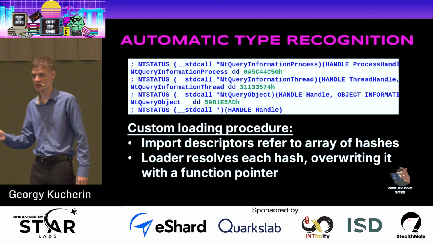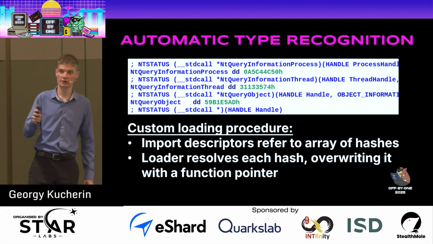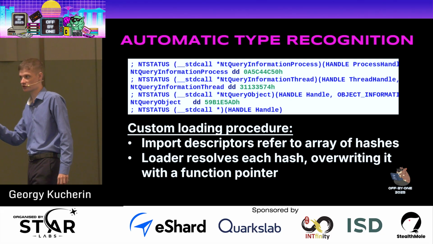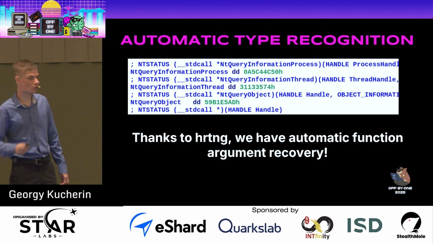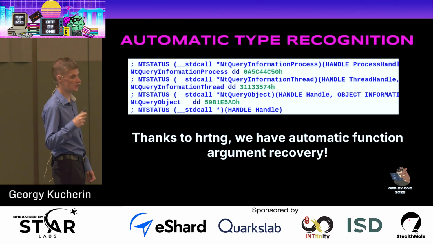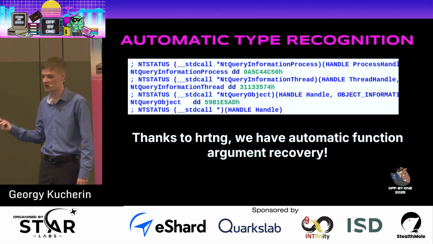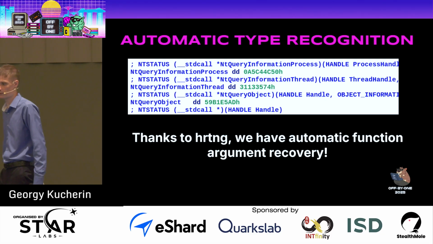Remember I said that this field is supposed to contain pointers to imported functions. The malware does exactly that. It places these pointers. And note how HRTNG has been able to automatically recognize these hashes in memory as we define the double words, as well as identify the correct function arguments, the count of arguments, and the types.